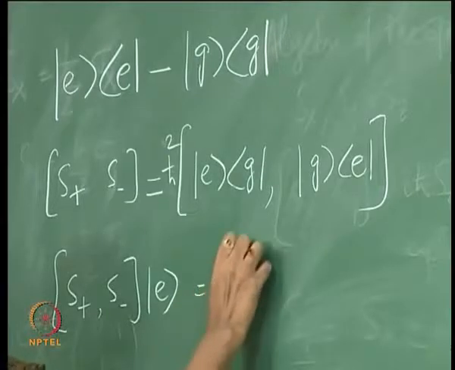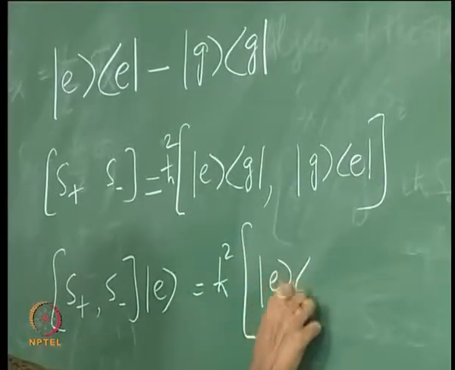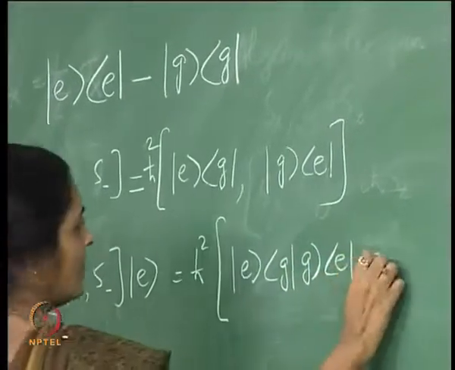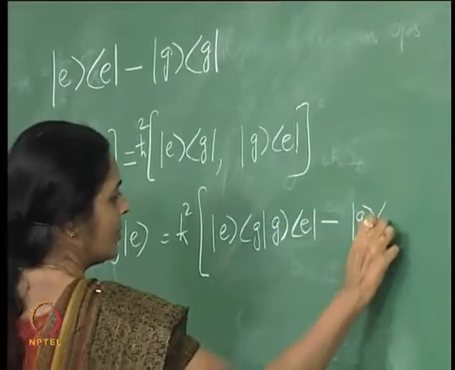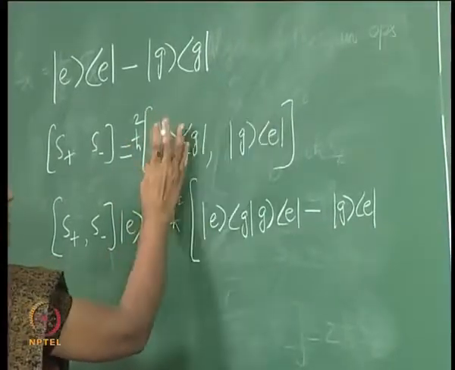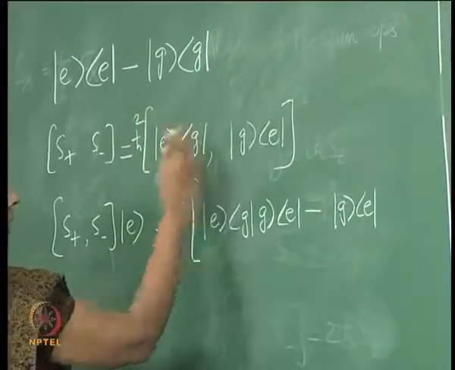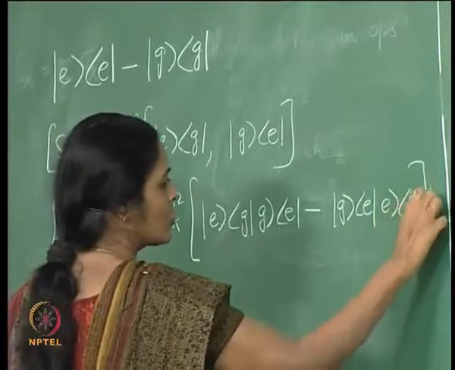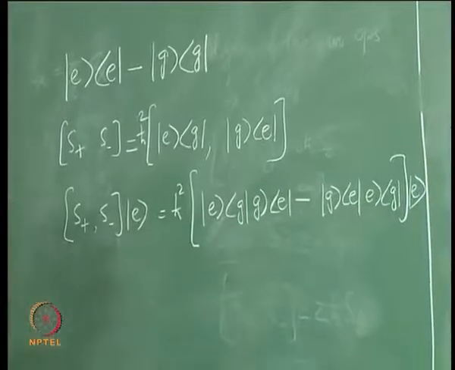So this is the same as ħ squared times the expanded commutator. Since the commutator is AB minus BA, where this is the operator A and that's the operator B, and this is supposed to act on ket e.